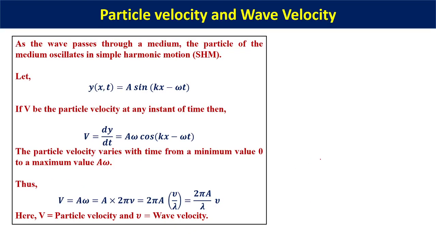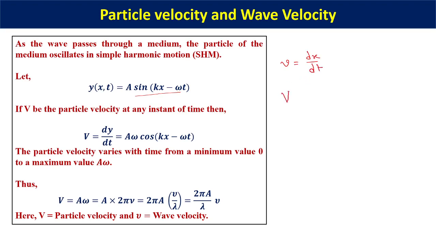Particle velocity and wave velocity. Wave velocity we have now understood. Now let us try to understand what is meant by particle velocity. Once again we start with the same displacement relation, y is equal to a sine of kx minus omega t. Wave velocity is given by dx/dt, as we got in the previous slide.